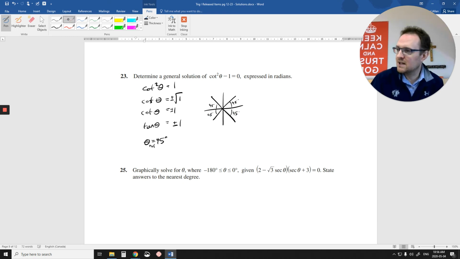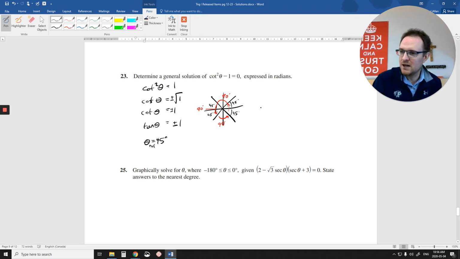Now, if you look at these very carefully, they're all 90 degrees apart from each other. So if I were to go from here to here, that's 90 degrees. 90 degrees. 90 degrees.